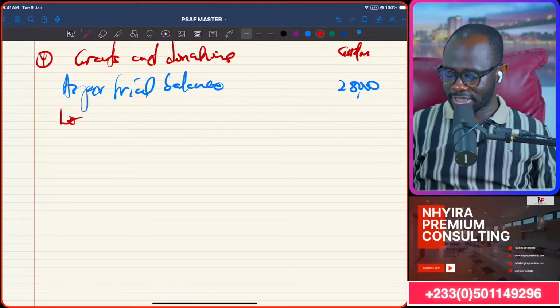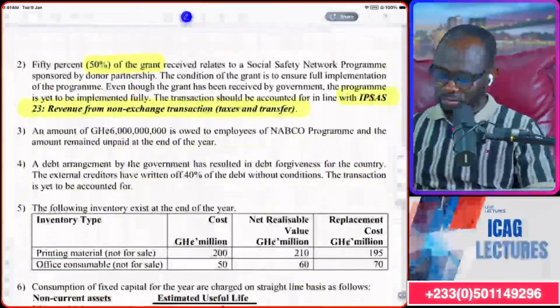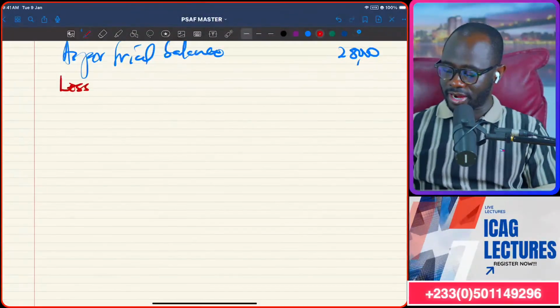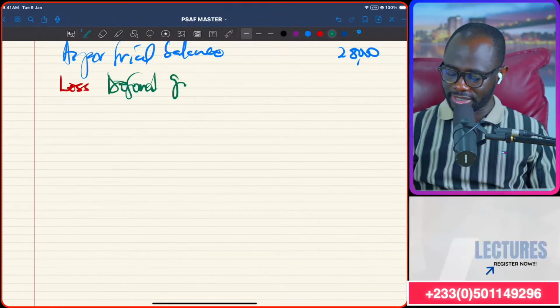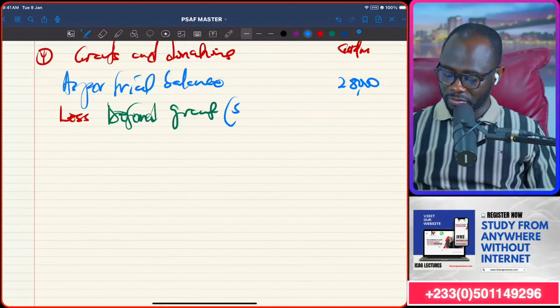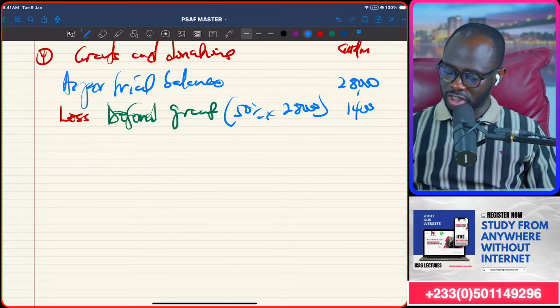We are going to less the grants received, but we have not done the job yet. So we less deferred grant because it cannot be recognized as part of the revenue for the year. And that's 50% of 28,000, and that should be 14,000.